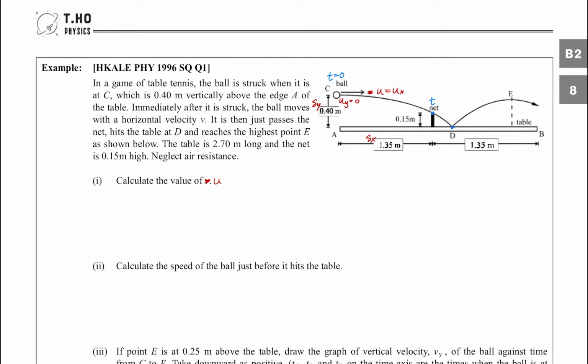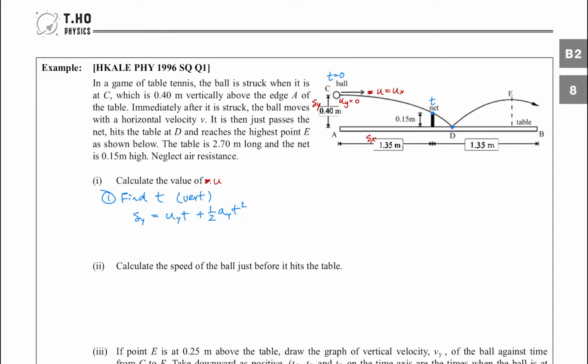So first of all, let's find time t. How do we find time t? We can consider the vertical motion. Let's write down the equations of motion. Sy equals uyt plus half ayt squared.